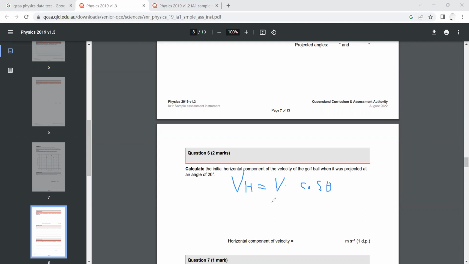Why is it cosine theta? Because if we decompose this velocity into the horizontal and the vertical direction, you can see theta is here, and this side, the horizontal component, is v cosine theta.